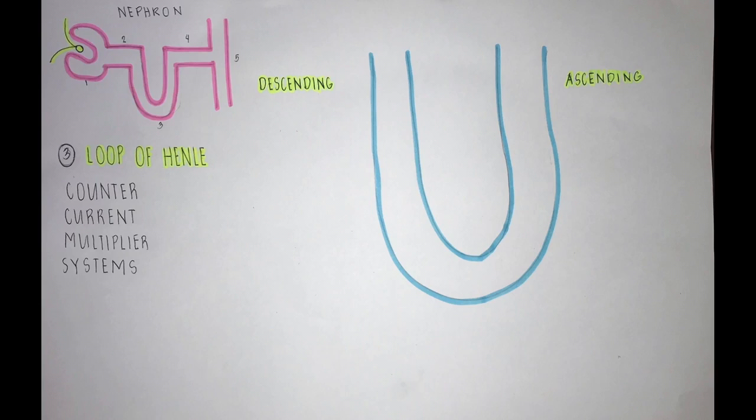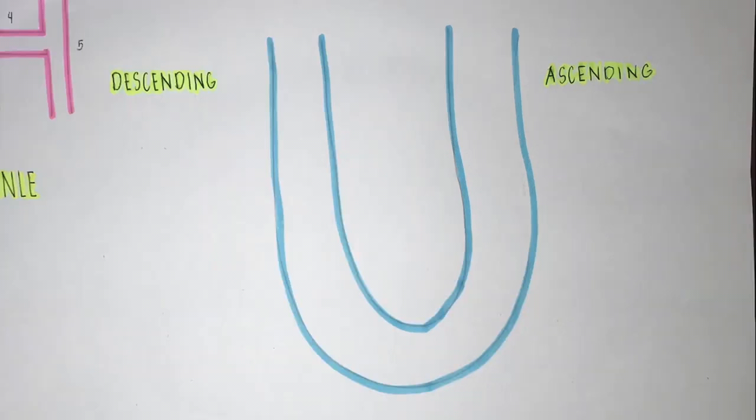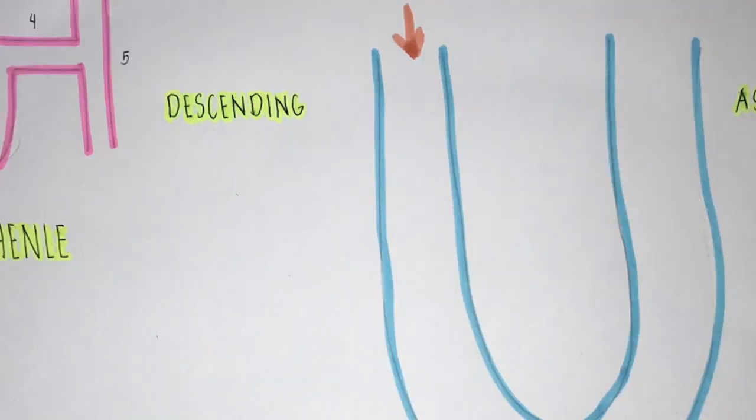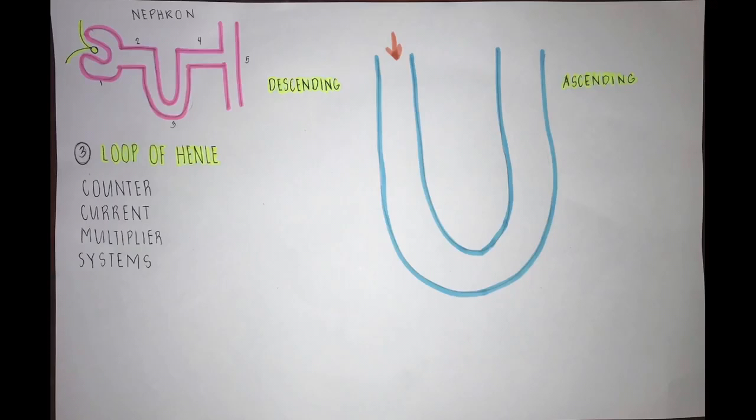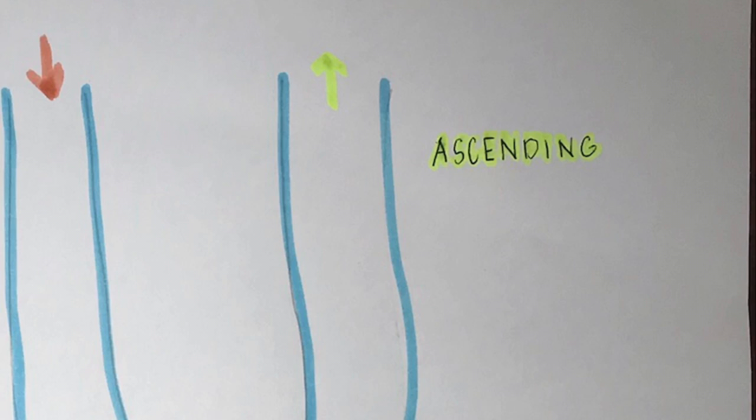As you can see, it is made up of two limbs. This part on this side is called the descending limb, and that is going down into the medulla section of the kidney. And then over here, we've got the ascending limb, which is coming back out of the medulla section of the kidney.